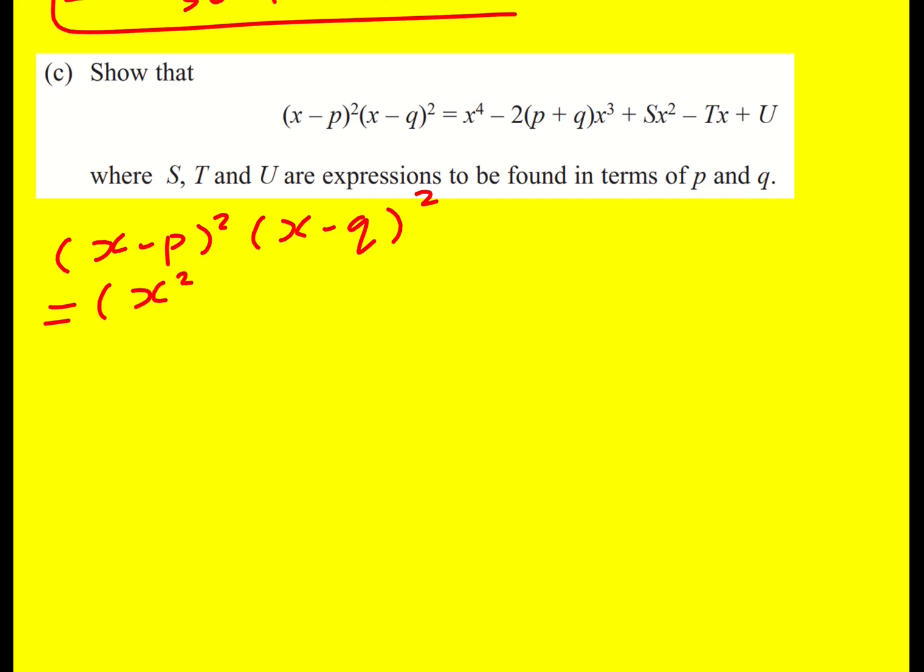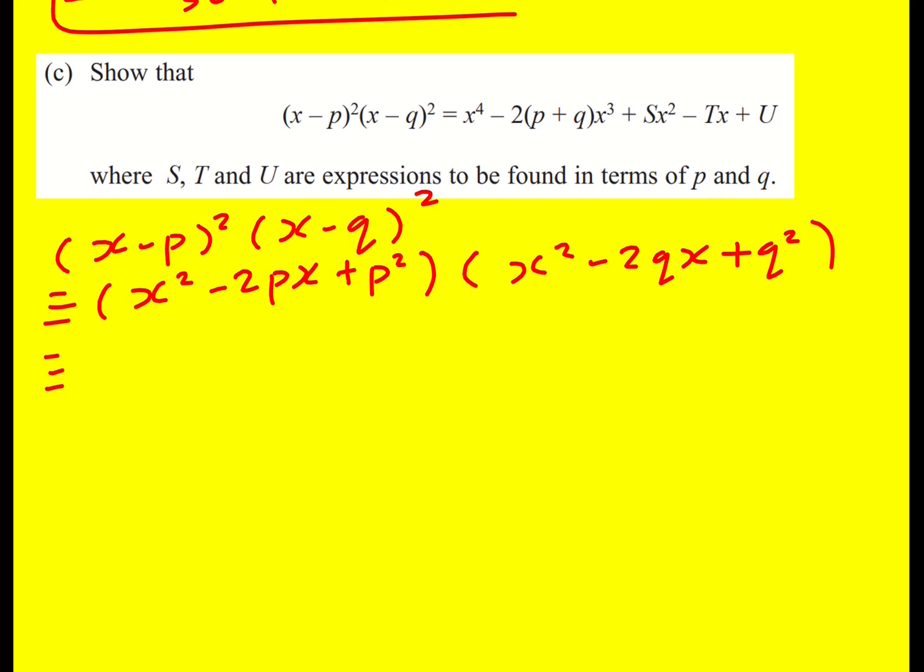So it's going to be x squared minus 2px plus p squared. And the same for q. Technically, these are identities.